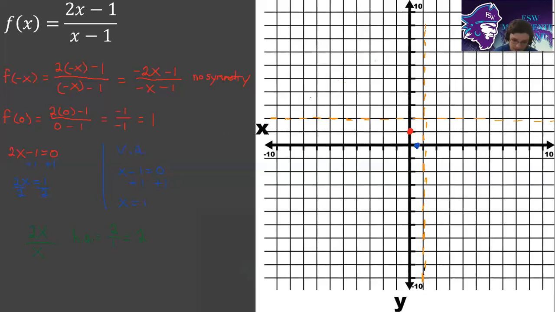So at this point, we want to create a table of different values that we might encounter. And you want to determine it with points that are between things such as the x-intercept and the vertical asymptote. So we're going to make a bit of a table down here.